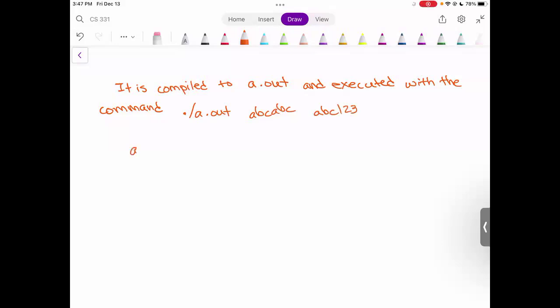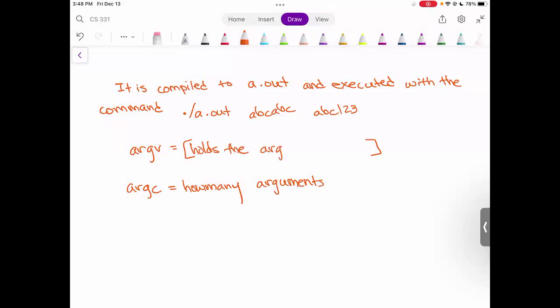So now, my argv is an array that holds the arguments, okay? My argc is the count. It tells me how many arguments. So how many arguments do I have here? Somebody write it in the chat.